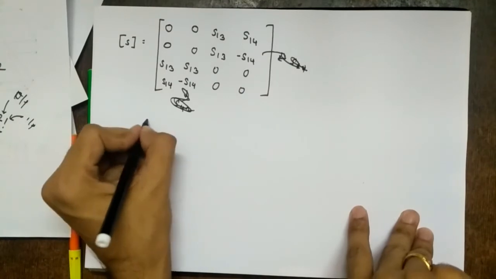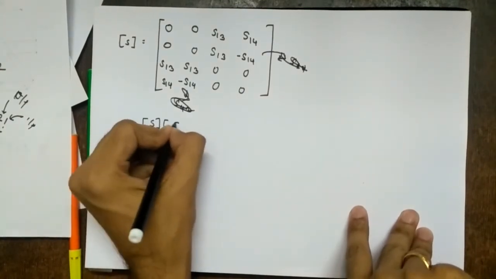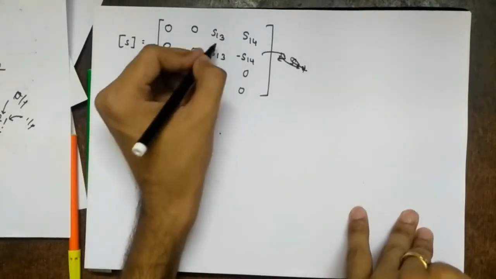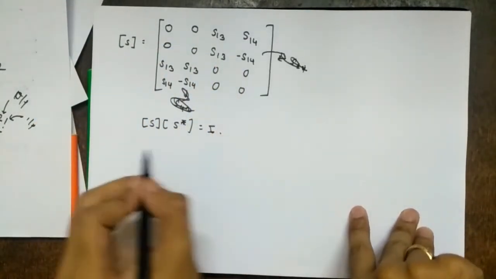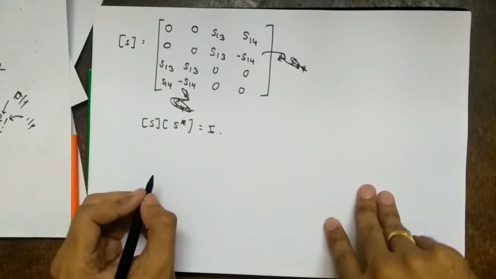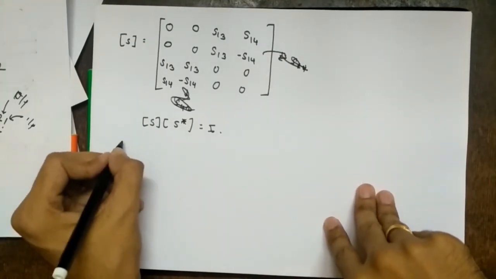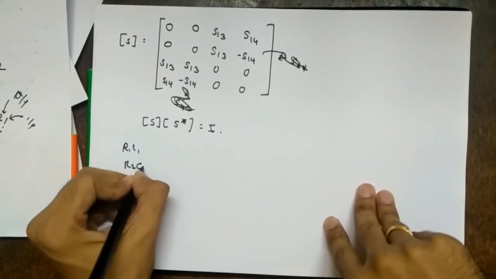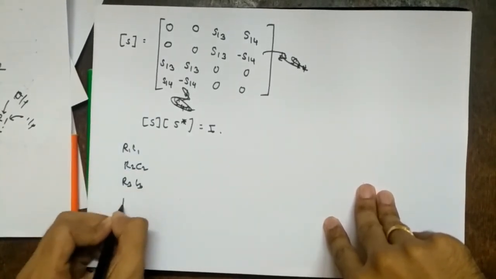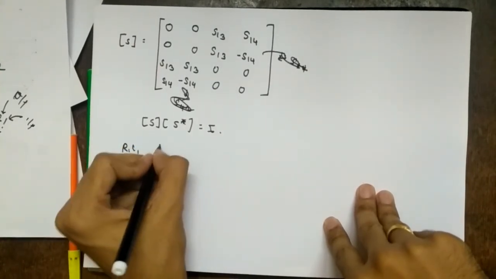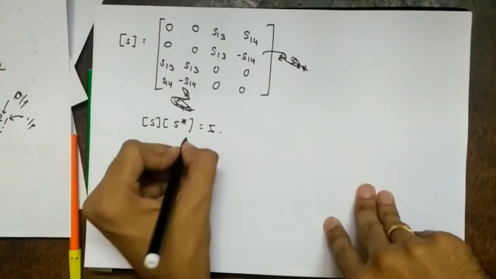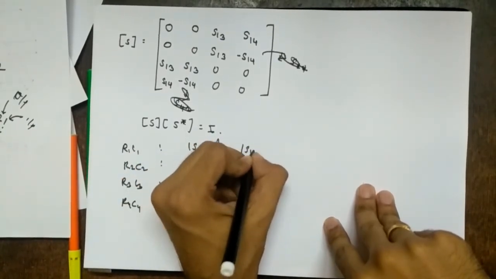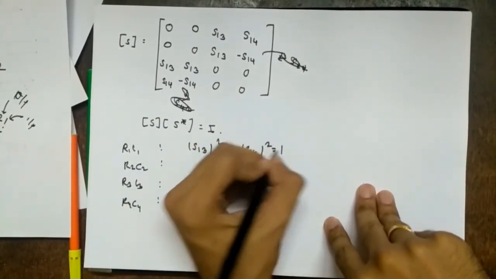Again only one property is remaining, which is S into S conjugate equal to I, right? Since this is the conjugate of this, I will not write that step. In the exam you can write it. So what will I get if I do R1 C1, R2 C2, R3 C3 and R4 C4 to get all these 1s? S13 square plus S14 square equal to 1.